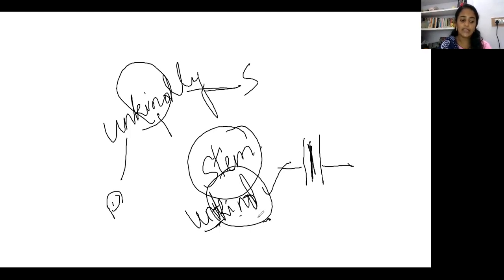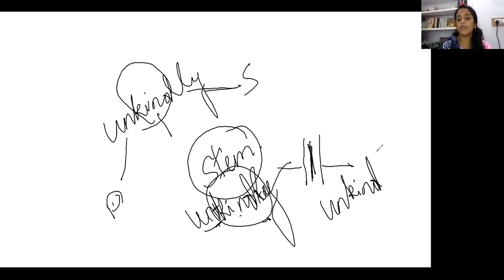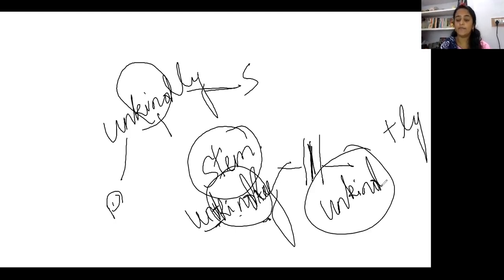Mostly it is the root word that is there, but sometimes your word might already have an affix. For example, if I give you unkind and you have to add a suffix ly, then unkind will become your stem. Why?